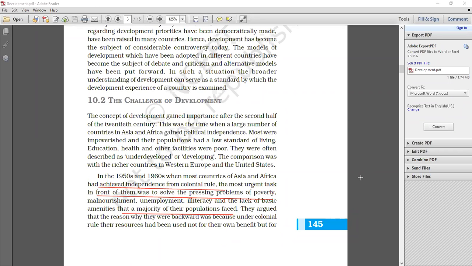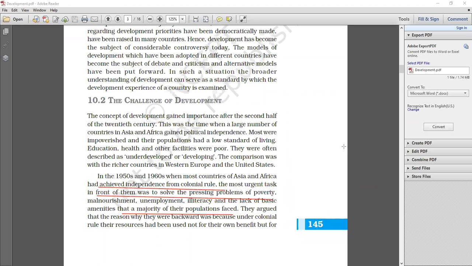If a person is unemployed, obviously he is poor. Illiteracy, lack of educational institutions, लोगों को awareness नहीं थी, they were not educated. And the basic amenities that a majority of the population faced, they had to work on these problems. These were the basic challenges faced by the developing countries.